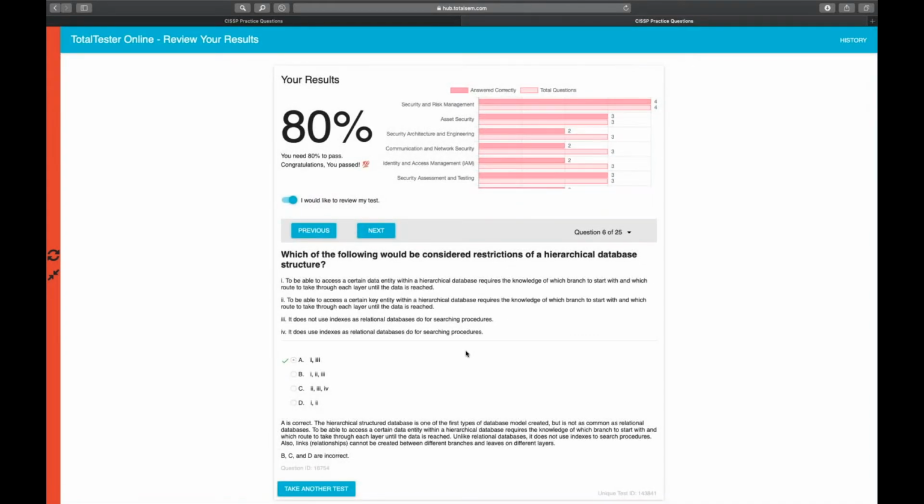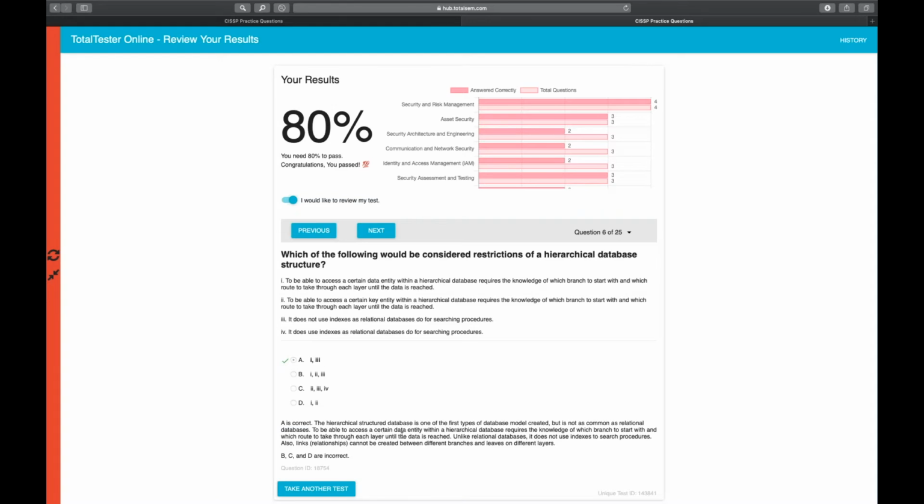Restrictions of a hierarchical database. The hierarchical structured database is one of the first types of database models created, but is not as common as relational databases.